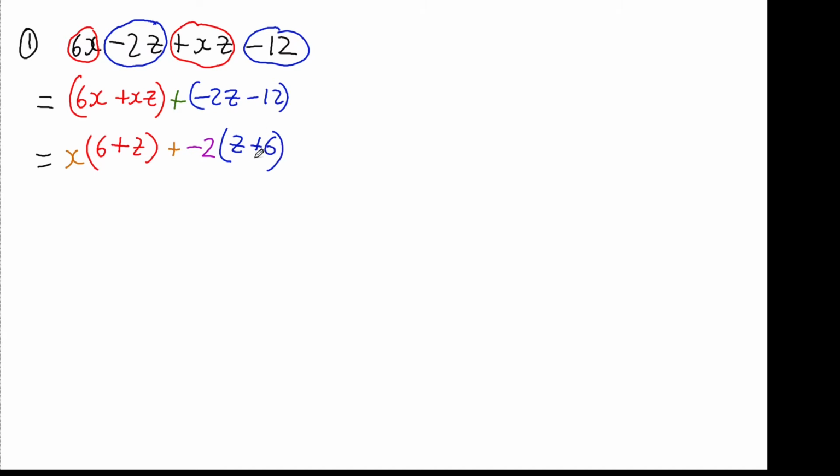Now they don't quite look the same, but because I can reorder addition sums due to the commutative law, 6 plus z is the same as z plus 6. So these two are the same. That means because I've got these two common brackets in my two-term expression now, I can factorize them both down the front. So I can factorize out that common bracketed term of 6 plus z.